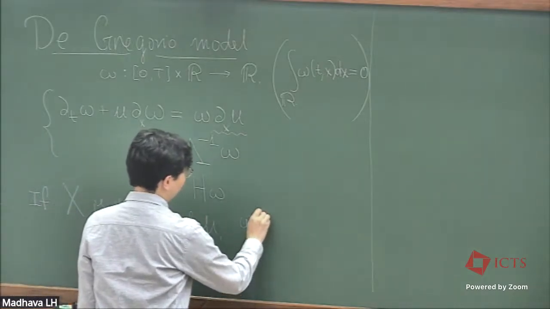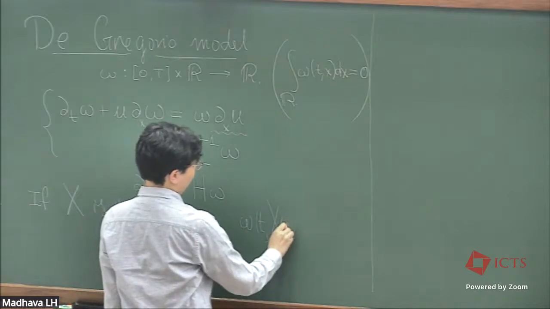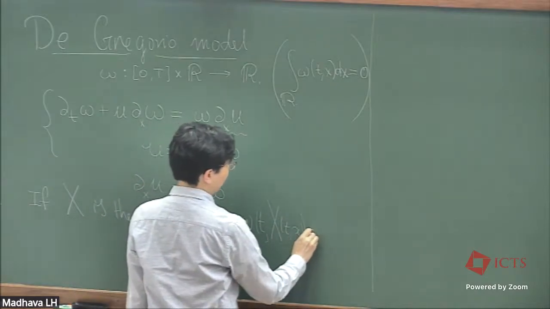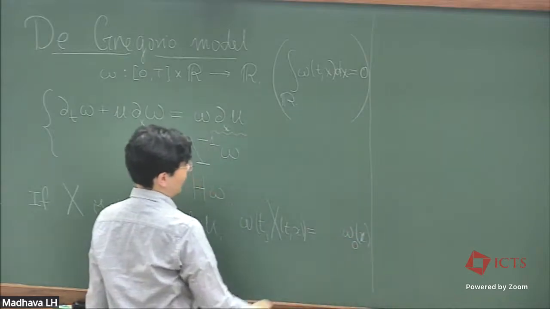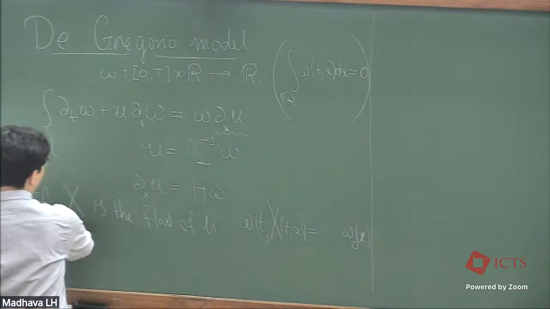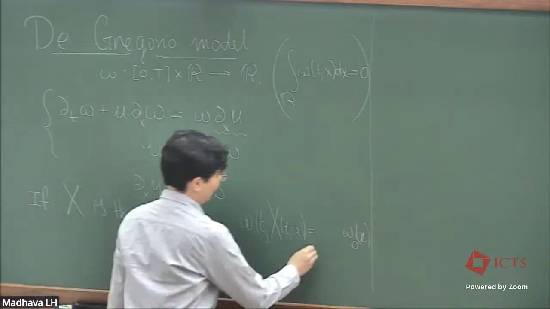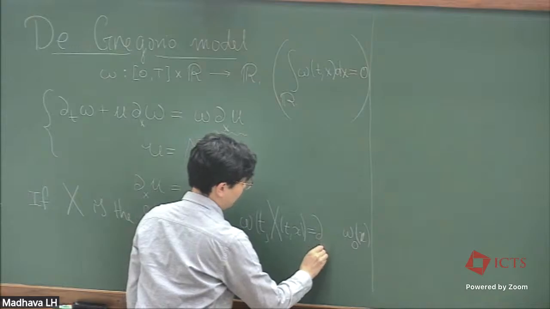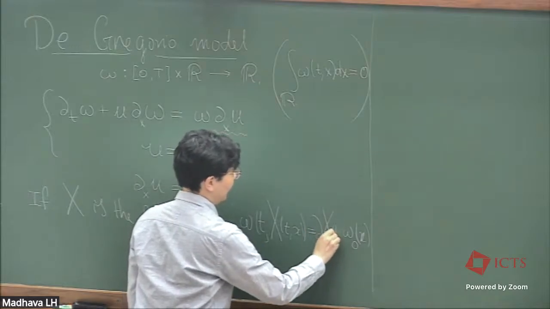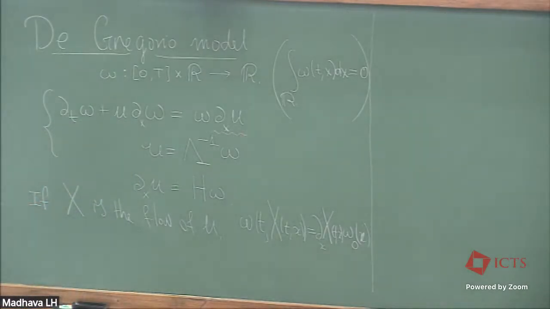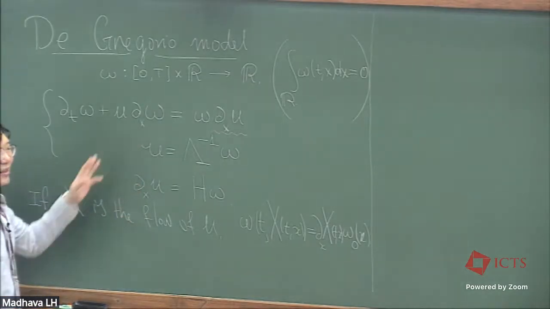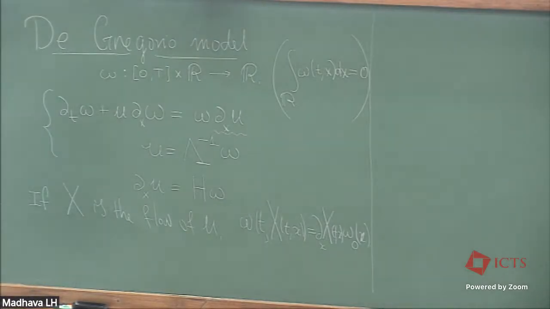So omega t x dx is omega 0 at little x multiplied by the gradient of capital X at t comma x. So in particular, you can write de Gregorio equation in Lagrangian formulation.